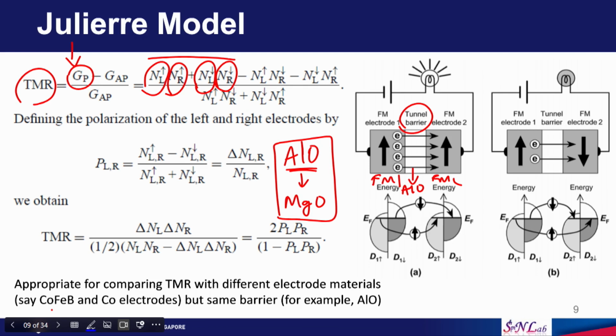Okay, then there is a tunneling of electrons when the two magnetizations are anti-parallel. That is given by these two terms. So, the density of states in the left side and the density of states we are talking about.